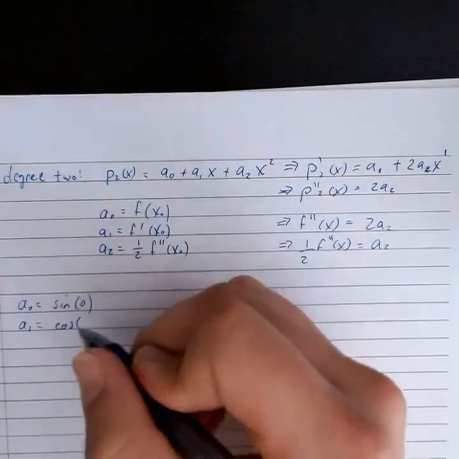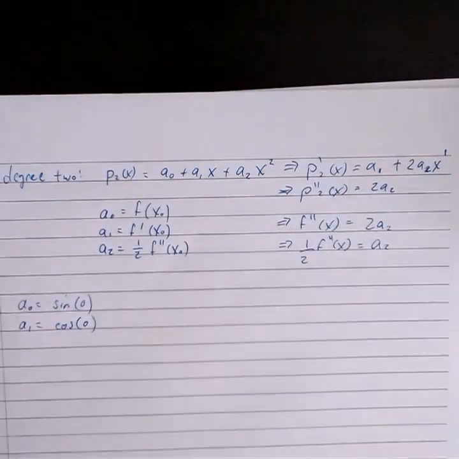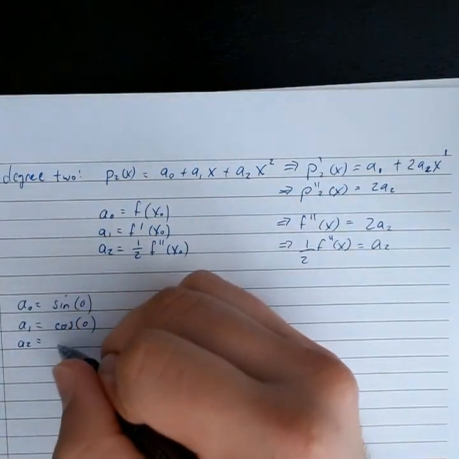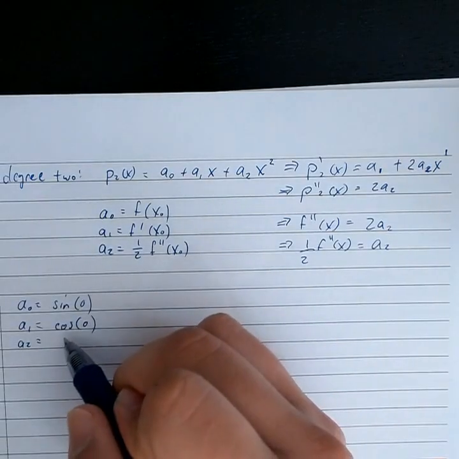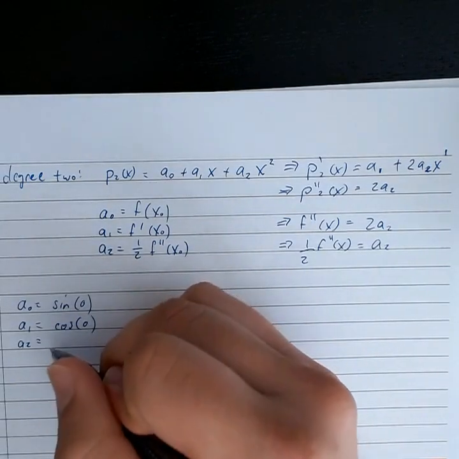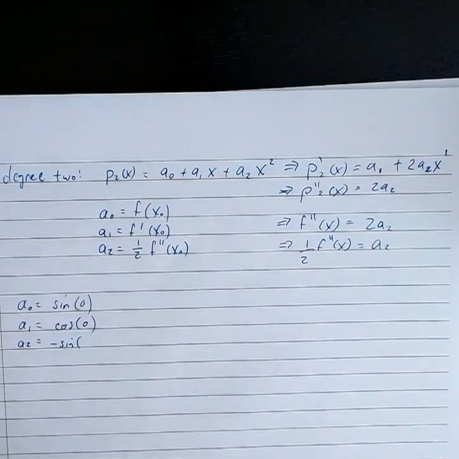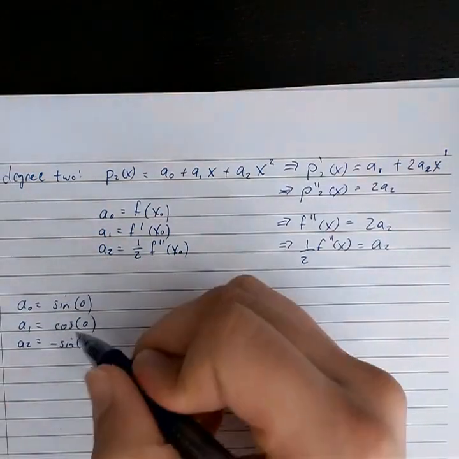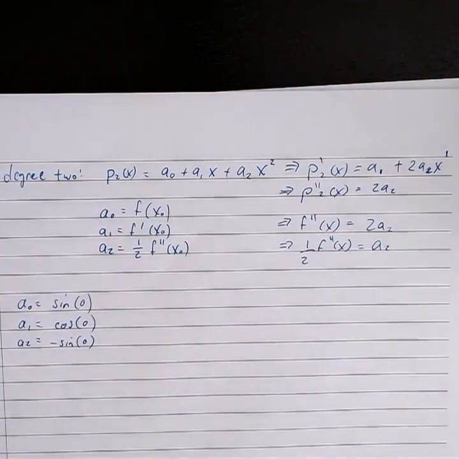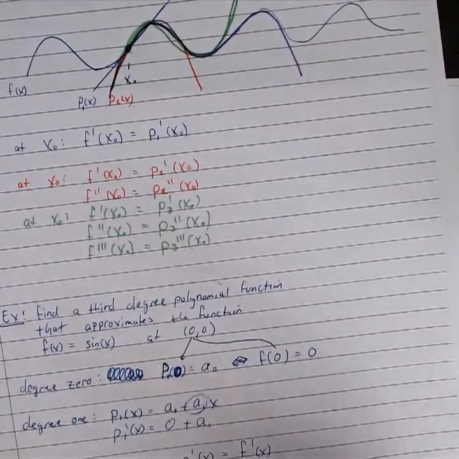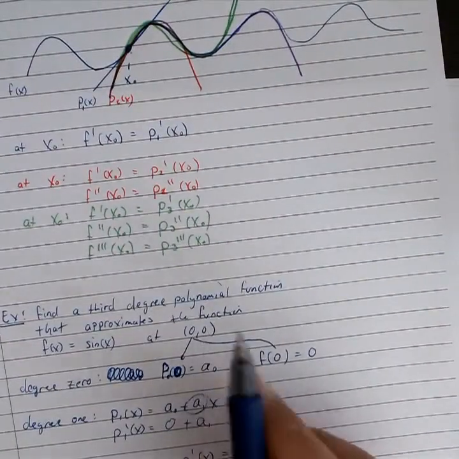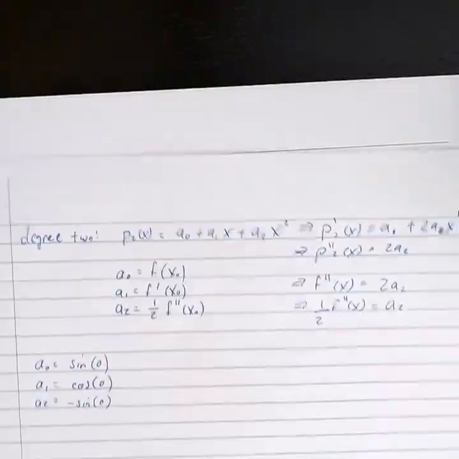And again, I'm plugging in x is equal to 0. And a sub 2 is supposed to equal, well, the second derivative of sine, the derivative of cosine, would be negative sine of, and again, I'm plugging in 0 here. And again, the reason I'm using 0 is because my initial point was 0, 0. If this was a different point, well, I'd be plugging in a different number over here besides 0.